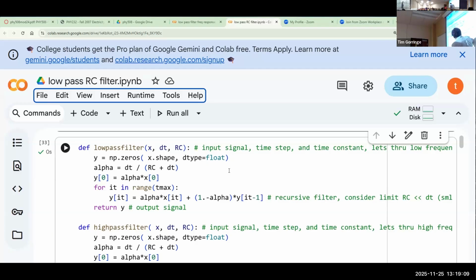So in the code itself, I just build an array y, initialize an array y of the same shape as the input array. I define my quantity alpha, this comparison of these two different time scales. The first alpha sample is a little bit special.